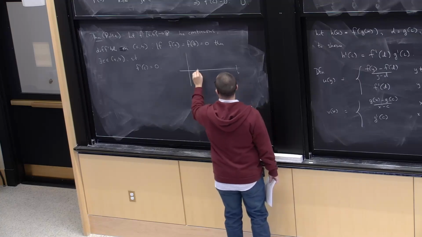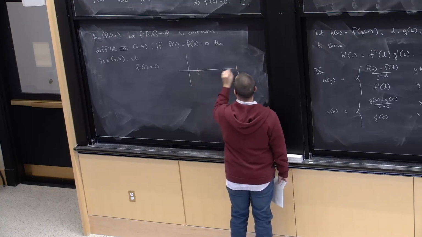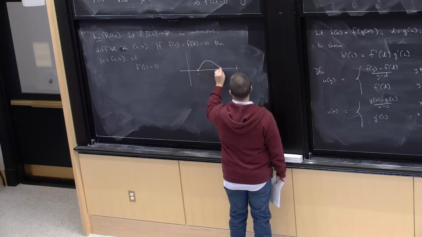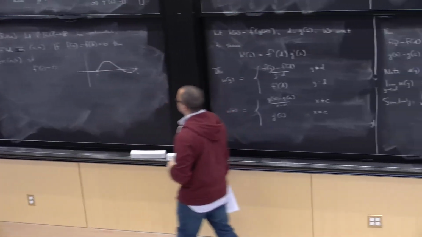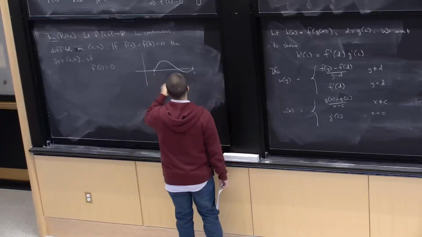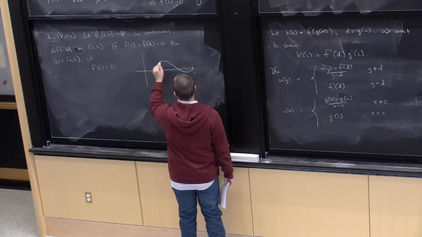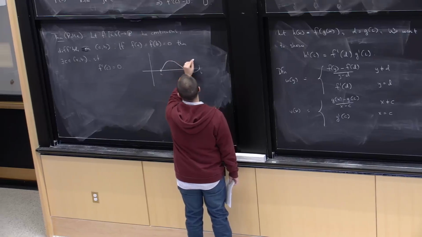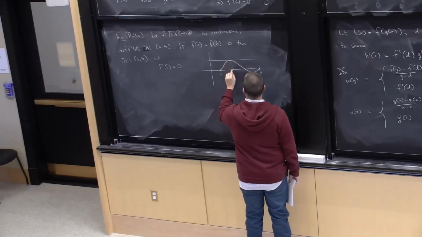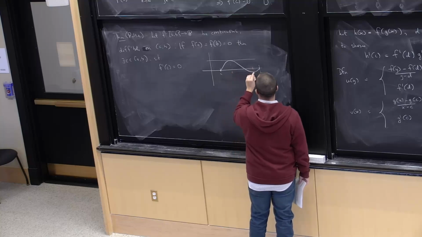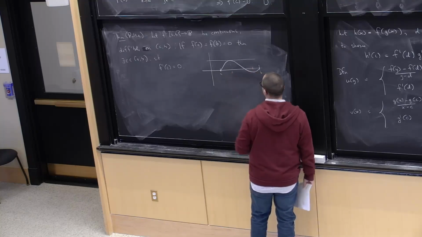Let me draw a function. That looks kind of like sine or cosine, but anyways, a function which is 0 here, 0 here. Then there has to exist a point where the tangent is horizontal. In fact, here it can occur at 2 different points.